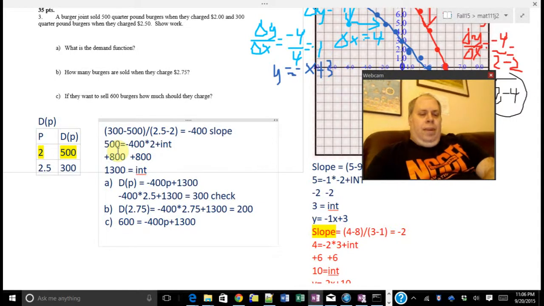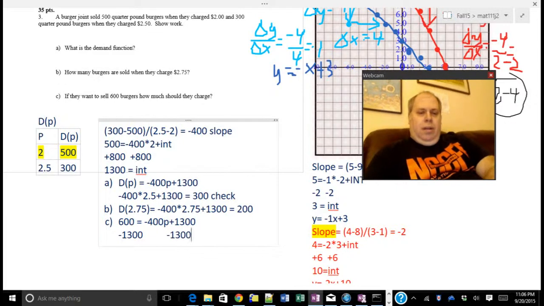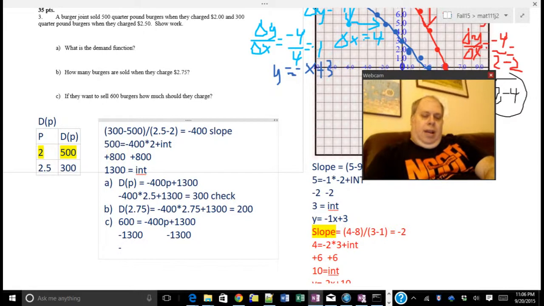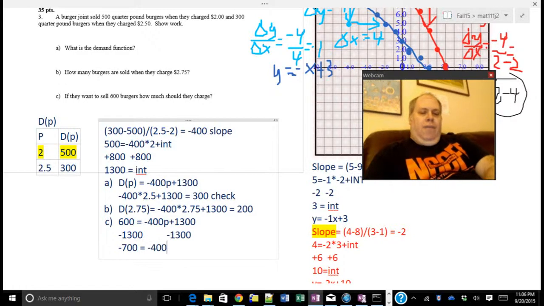Well, we're going to subtract 1,300 from both sides. And that's going to give me negative 700 equals negative 400P.